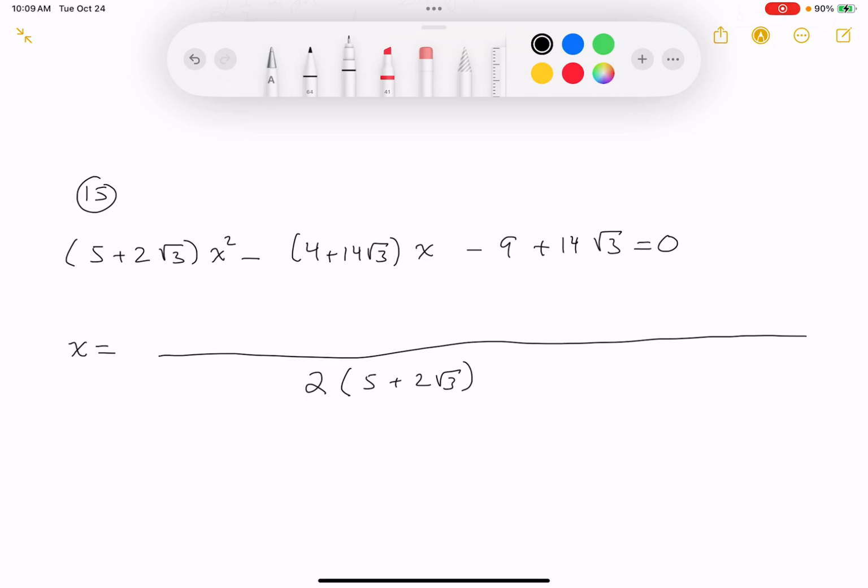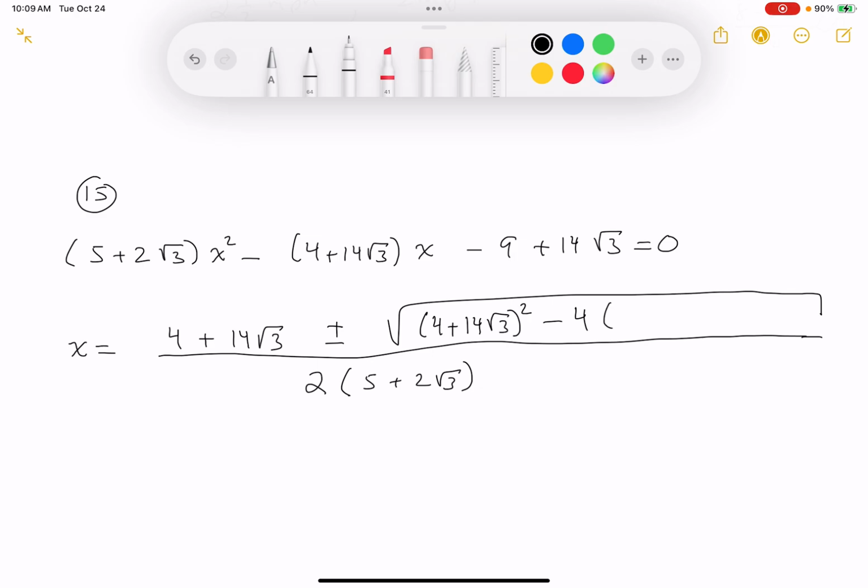The opposite of the coefficient on the linear term, which would be 4 plus 14 root 3, plus or minus, here comes the tough part, 4 plus 14 root 3 squared minus 4 times the a, I should say the coefficient of the square term, times the c, which is going to be 14 root 3 minus 9.